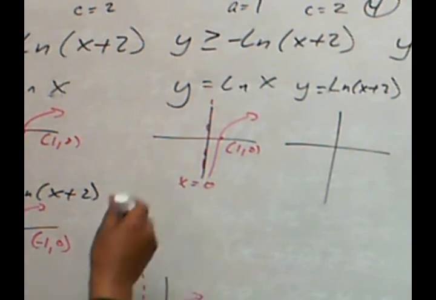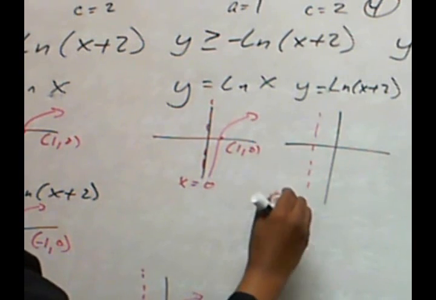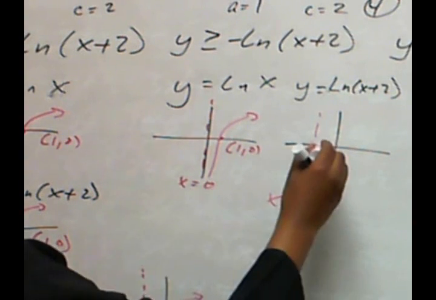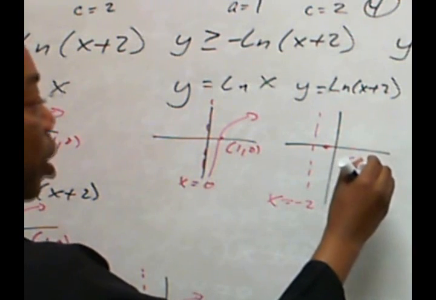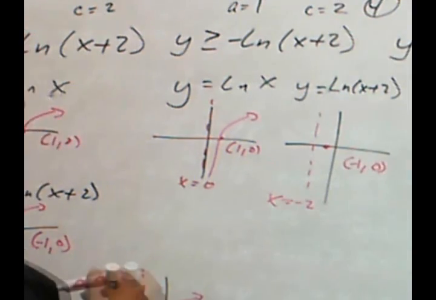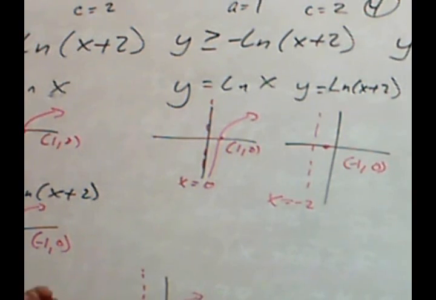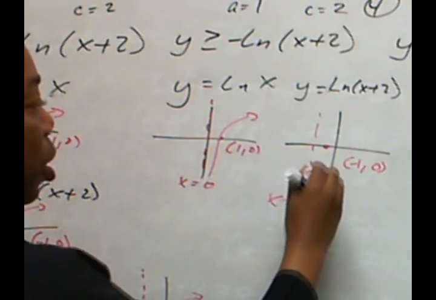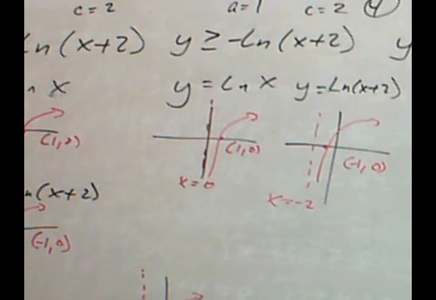So our vertical asymptote will go back to x equals -2. The point will go back to (-1, 0). And the graph's orientation will still be rapid to slow increase. Okay.